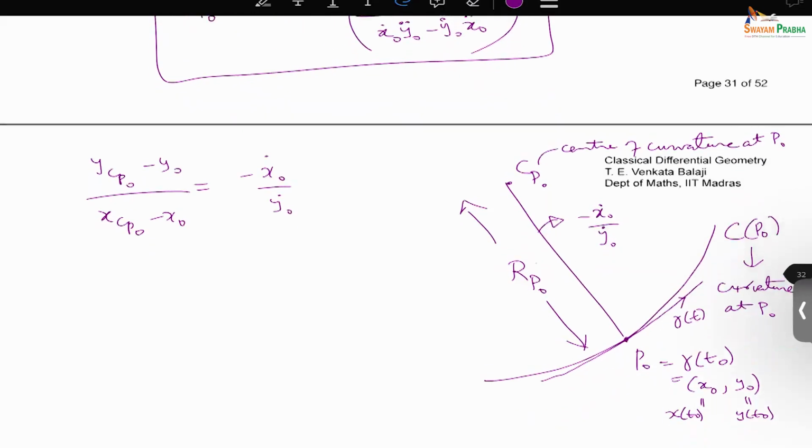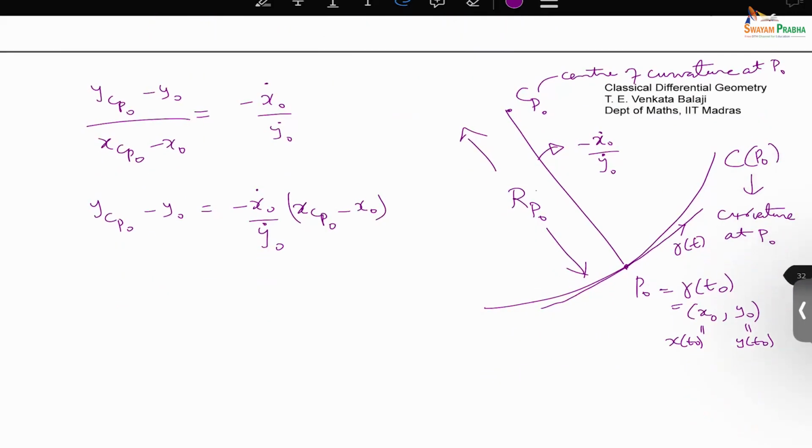Let us simplify this to get y cp naught. So y cp naught minus y naught is minus x naught dot by y naught dot times x cp naught minus x naught. Let me plug this in.